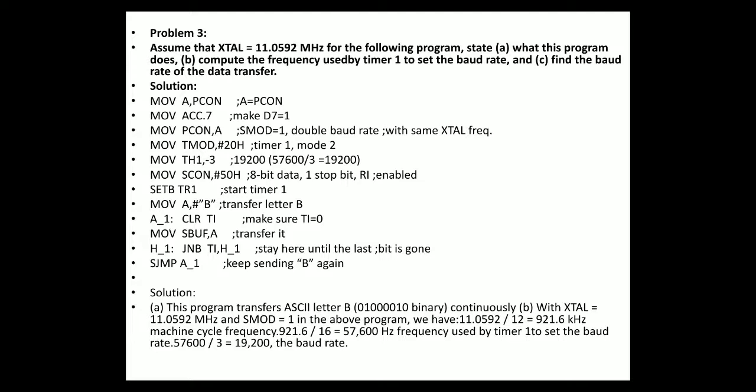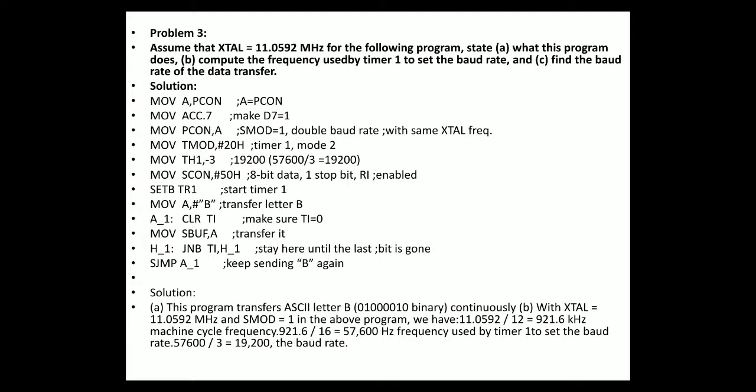Now I will monitor. Once your data is placed in SBUF, it means it is ready for sending. How do you monitor this? By using the TI flag. JNB TI, H_1, where H_1 is a label. Once the data is successfully transmitted, TI rises to 1, meaning the data is successfully sent outside. What is next?